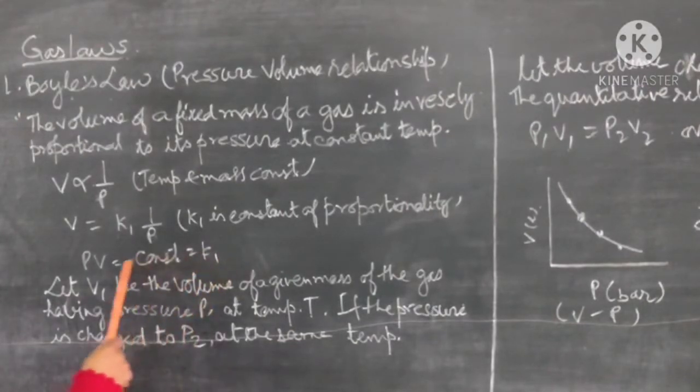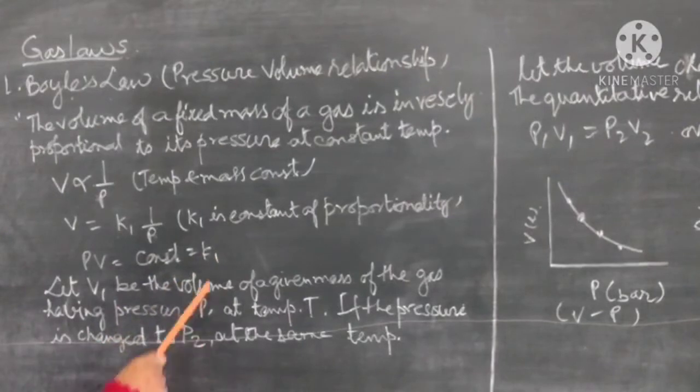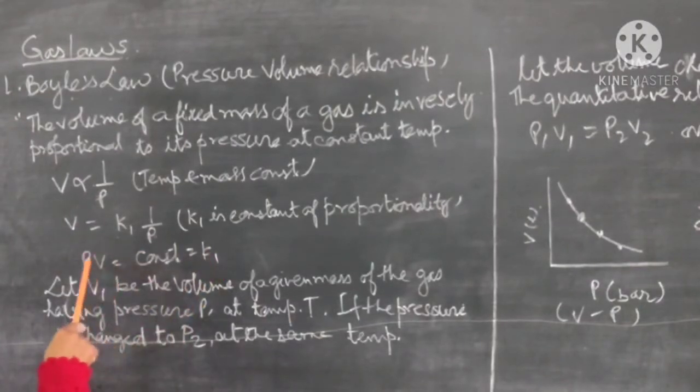Then we can write PV is equal to constant, which is K1, because K1 is the constant of proportionality. So in Boyle's law, we can represent it as the product of pressure and volume is constant.